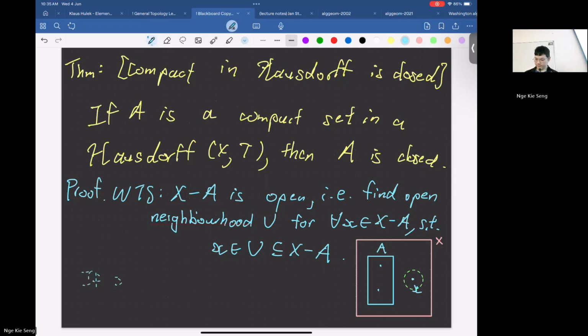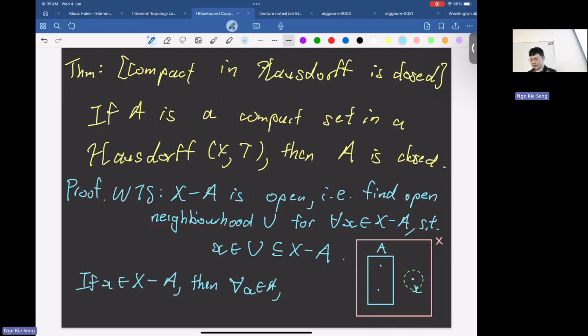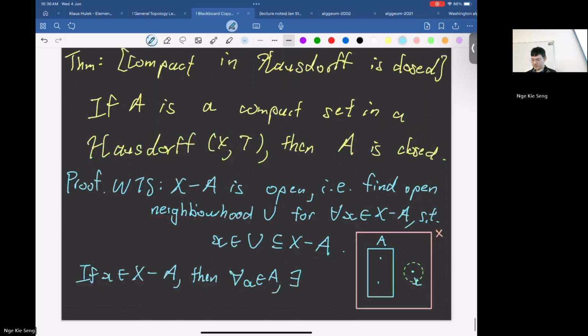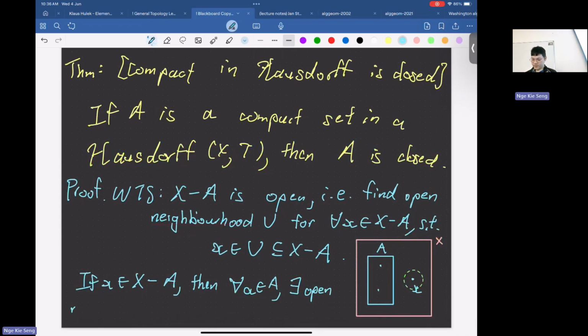If x is in X minus A, then for every point a in A there should exist open neighborhoods U_a containing a, and V_a of x.